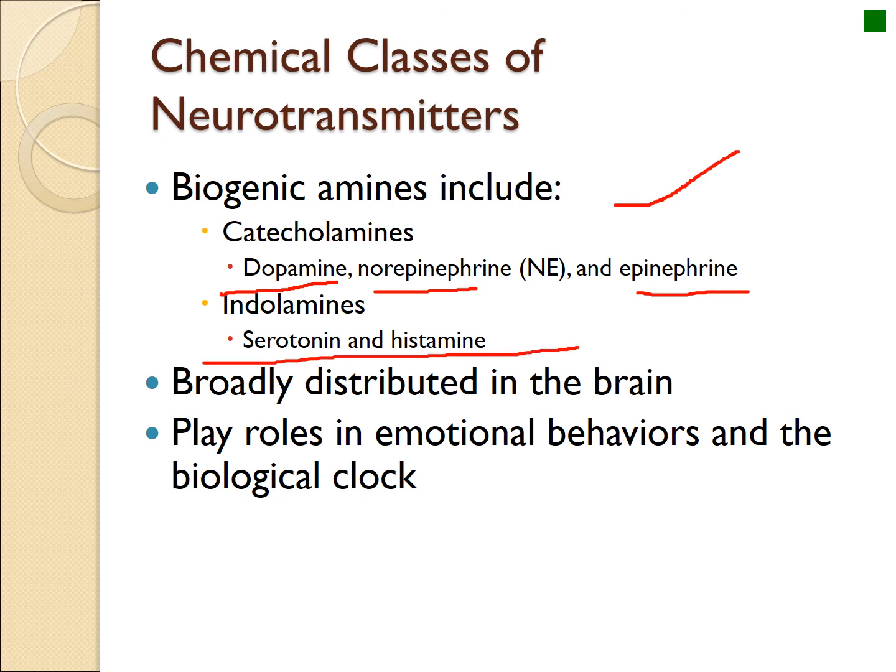Histamine being a neurotransmitter that's very exotic, usually associated with stimulating pain receptors, because it also has a job in the immune system too. Okay, we see that a lot of these, again, are broadly distributed through the brain, but you also find them in the autonomic nervous system. And a lot of them, like, for example, serotonin, dopamine, play a role in behavior and we think your biological clock.